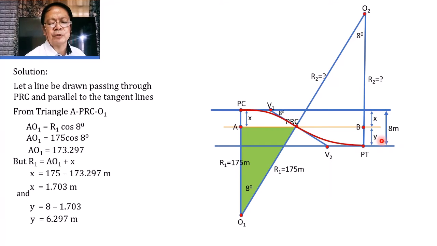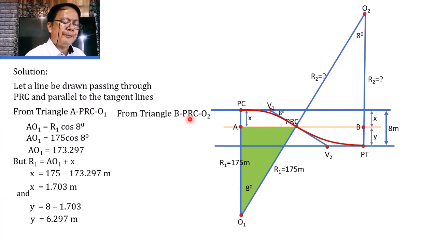What is the purpose of computing for the value of Y? Because you can find that from the triangle B, PRC, O, I am referring to this triangle. Let us imagine this triangle colored so that we can see it clearly.